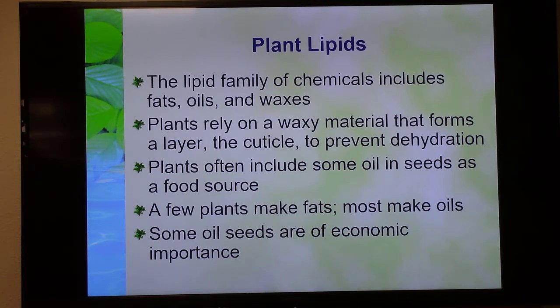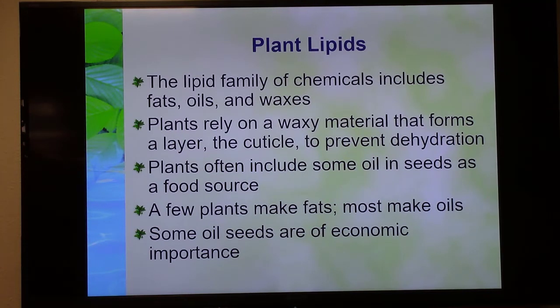Oil. Plants put a lot of oil in seeds because it's high in calories. It's a high energy thing. They can store a lot of energy for the next generation by putting some oil in a seed. So we figured that out, and we figured out how to get the oil out of those seeds. So think about all of the different plants that we get a significant amount of oil from.